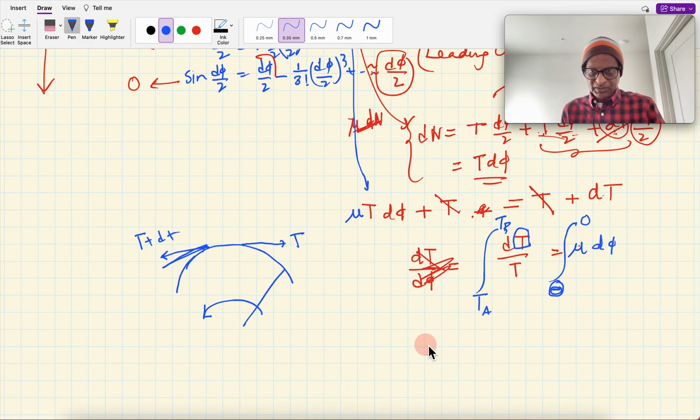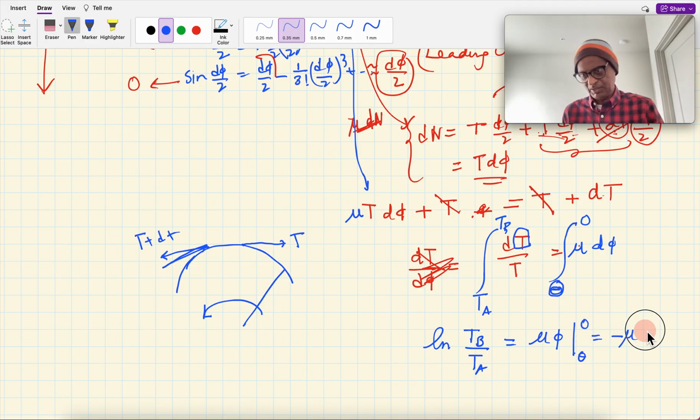Okay, so this is log TB over TA equals μ φ from θ to 0, which is 0 minus μθ, so minus μθ.